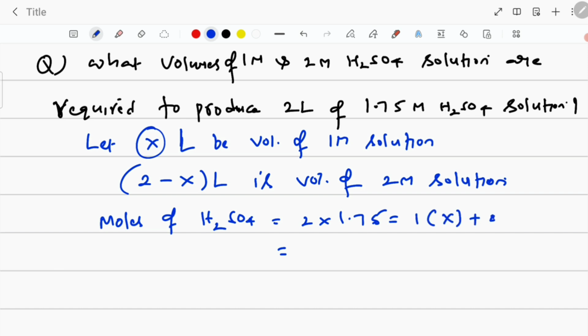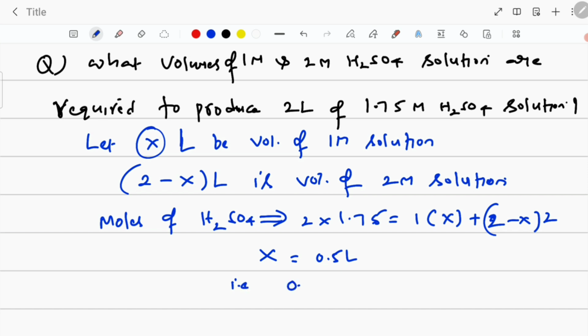So number of moles is equal to 1 into x plus (2 minus x) into 2. After calculation, here you will get x value first. See, moles of H2SO4 we wrote, that is nothing but M total into V total. So after calculation, x value is equal to 0.5 liters.